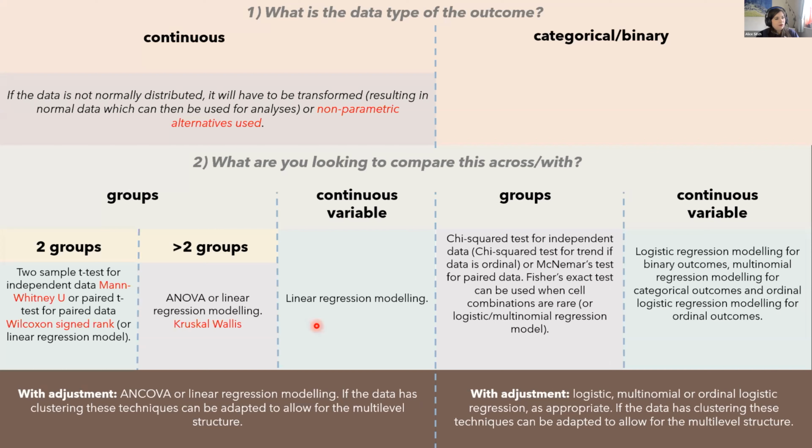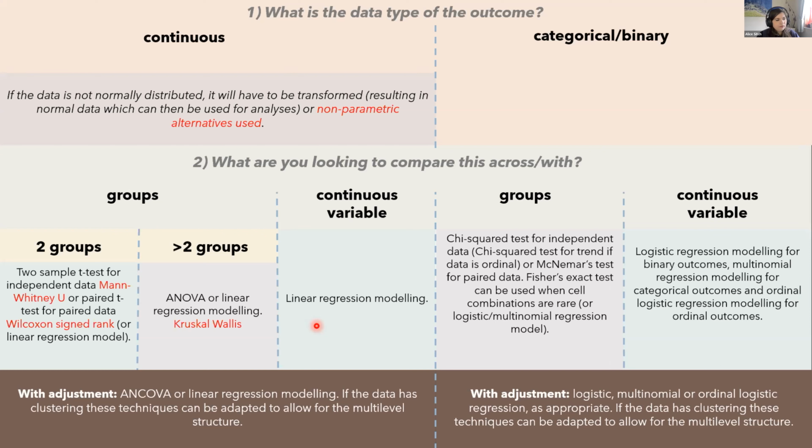And there are some other options for you if you have categorical data. So you can use a multinomial model or an ordinal logistic regression model, but that requires you to have an outcome where you're happy to have those jumps between the categories. So that's pushing us a little bit further into more sophisticated analyses.